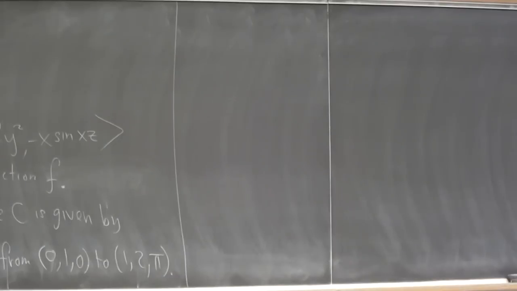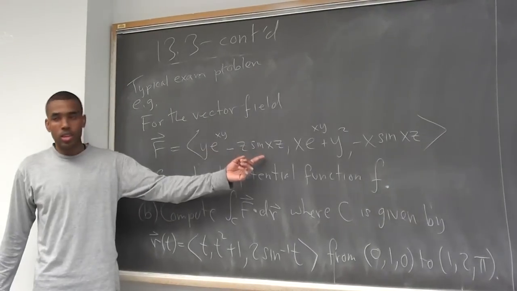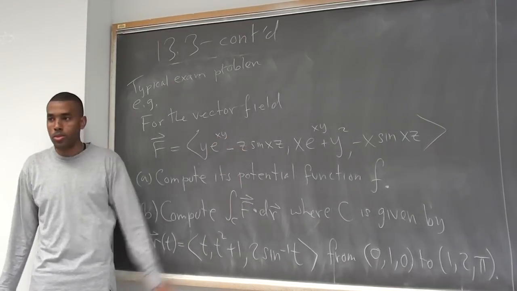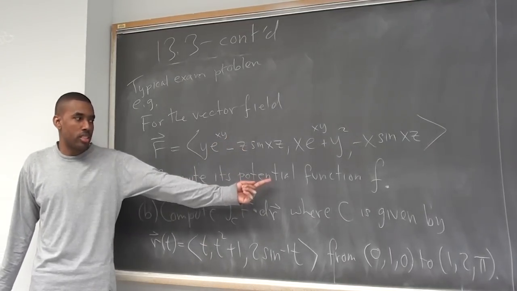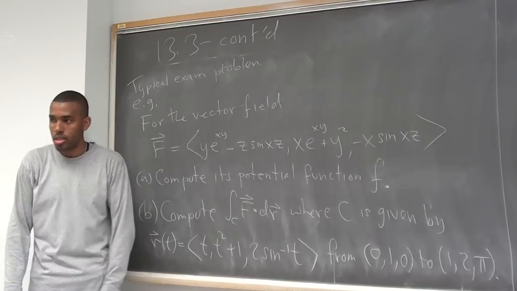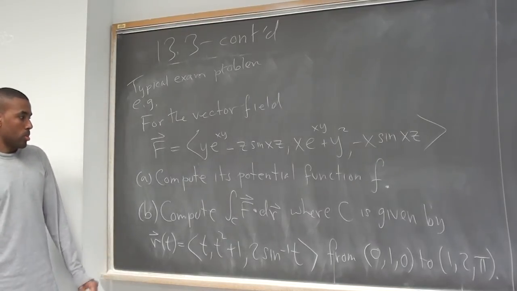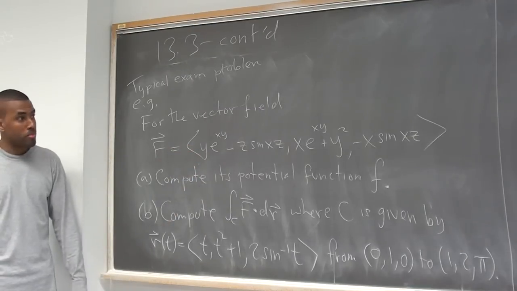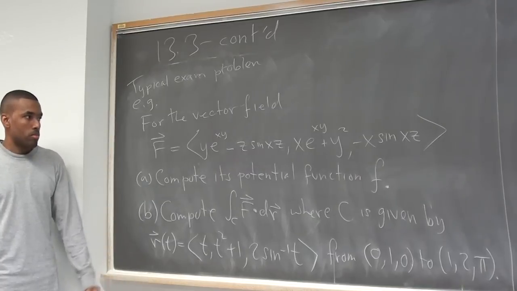Yeah, well, if I tell you to find its potential function, it would be obvious that it's conservative. Because you can check that all these functions here, they're polynomials and trig functions. They're continuous everywhere, differentiable everywhere. So that condition is automatically fulfilled. It means that if you can find such a function, then it's automatically conservative. So it goes without saying here. All that is implied in the question itself. So you don't have to check. No.